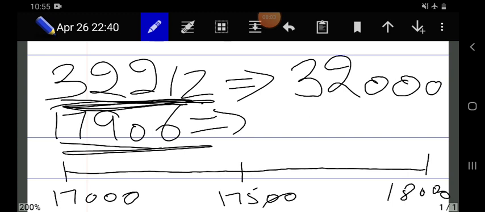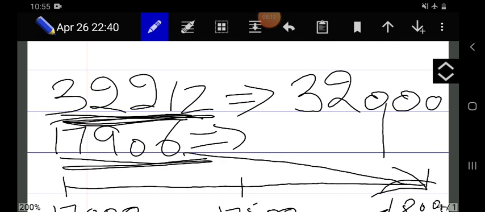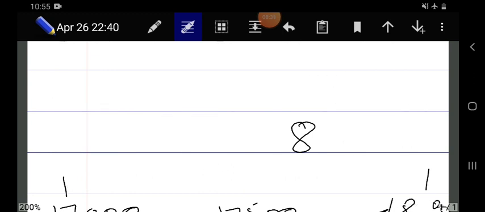So this number lies between 17,500 and 18,000, which means we will estimate it to 18,000. Just keep in mind: 32,212 will become 32,000 and 17,906 will become 18,000. I'm just going to erase it and then we will solve it again.